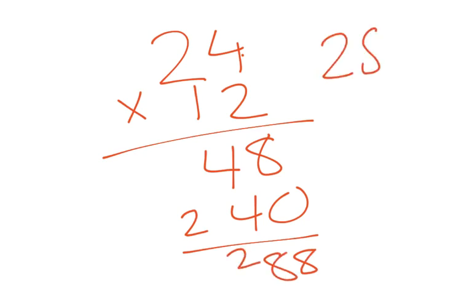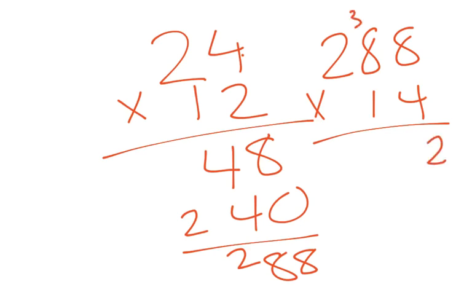Okay, so I have that 288, and now I'm going to multiply by 14. 4 times 8 is 32. Carry the 3. 4 times 8 is 32. 33, 34, 35. 4 times 2 is 8. 9, 10, 11.